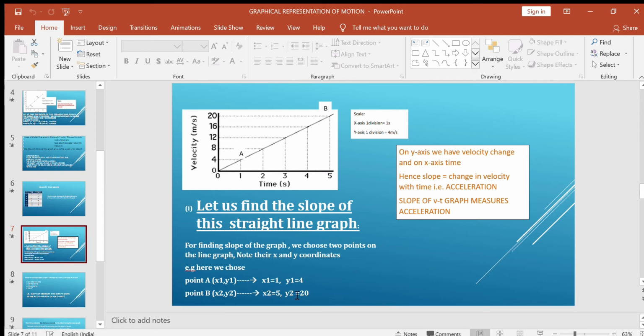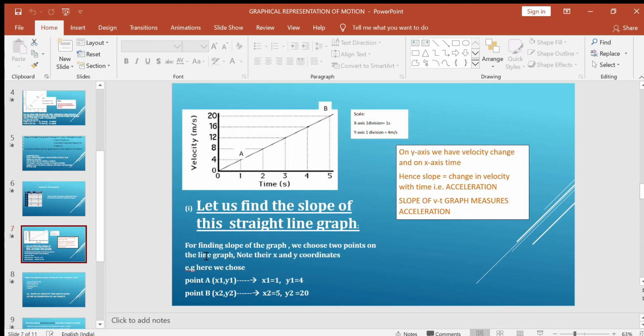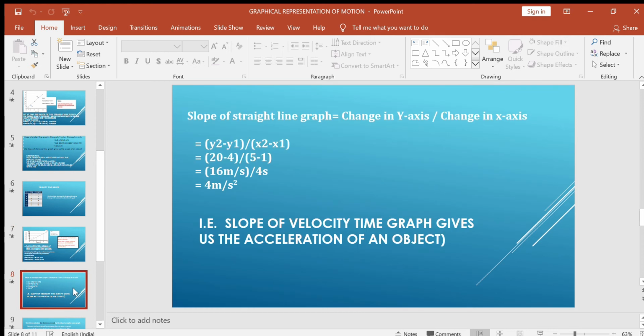And similarly, we find the slope of the graph. y2 minus y1, x2 minus x1, fine. And y2 minus y1 means 20 minus 4, x2 minus x1 means 5 minus 1. So 16 by 4, it's 4 meter per second square.